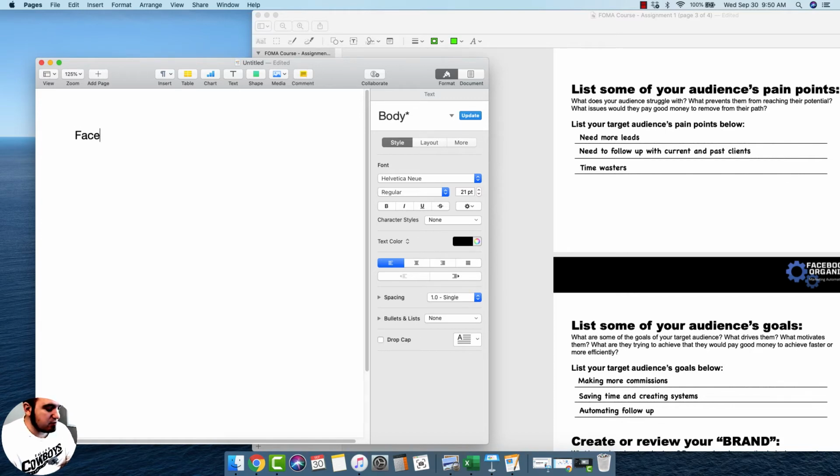We could do Facebook ads. We could do email marketing. We could do Facebook outreach from profile. We could ask for referrals from partners.